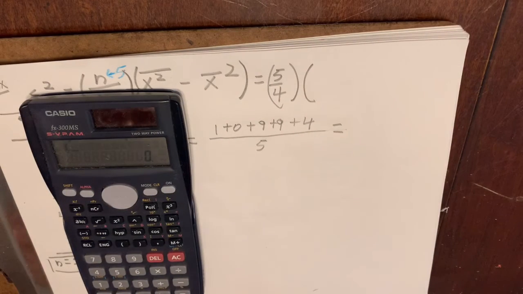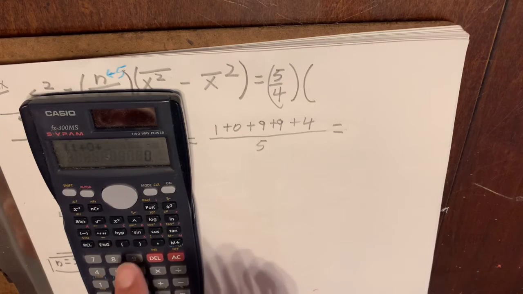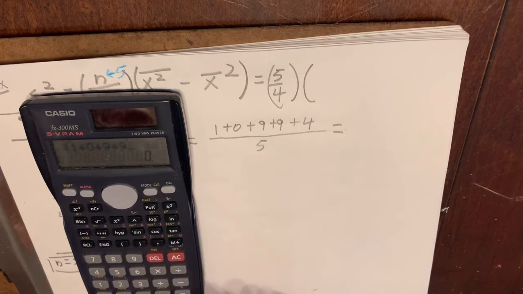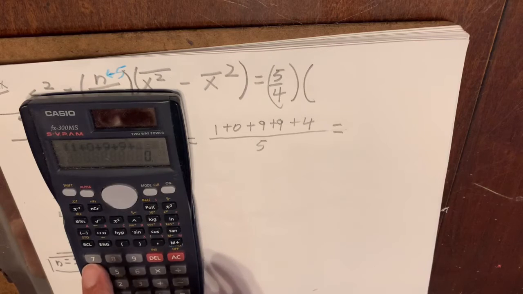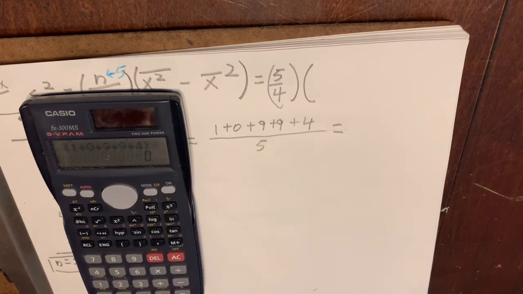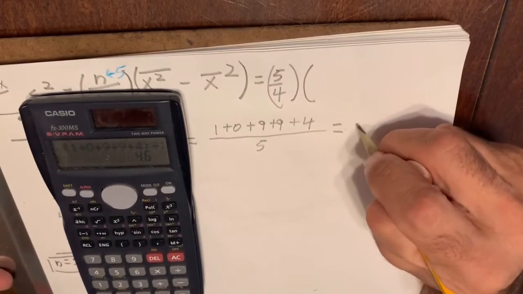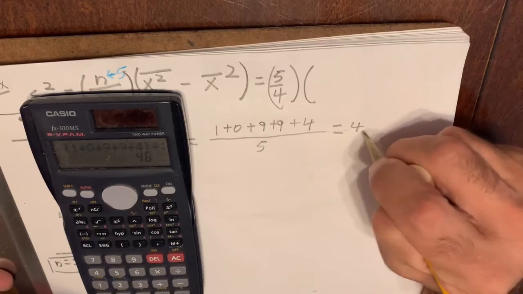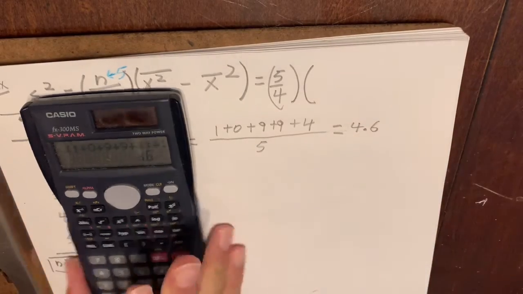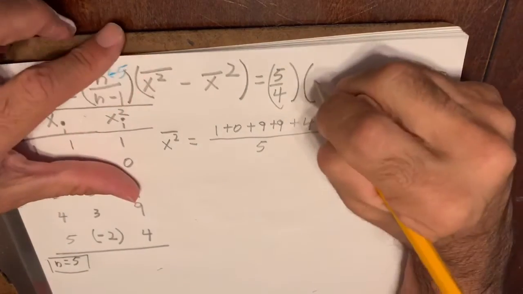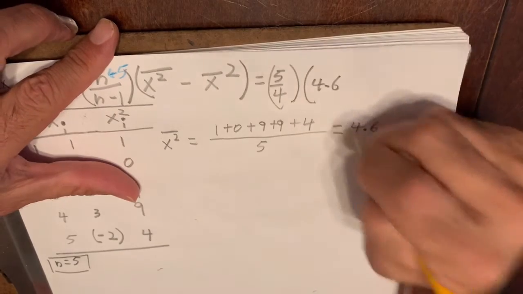It's its own thing. So 1 plus 0 plus 9 plus 9 plus 4, and then I close the parentheses, and then I hit the divided by button, and then the 5 button, and I hit the equals button, and I get 4.6. Right? So that 4.6 goes here.